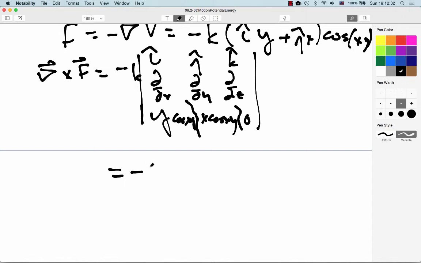So we'll have a minus k hat times this constant k times, let's see, we'll have a partial x of this guy here, so that will give me cosine xy plus, x derivative of cosine is minus the sine.